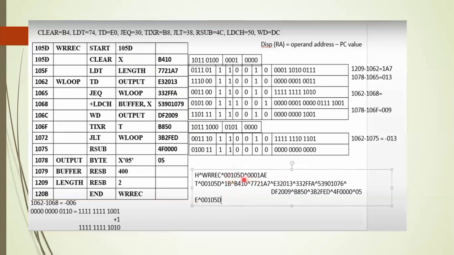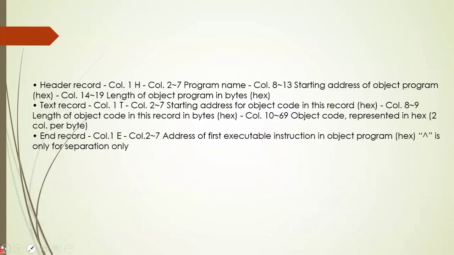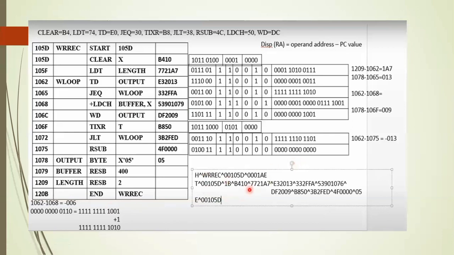Next is the length of the program. To find the length, we subtract the first address from the last address. When we do that, we get 1AE. Since we again have to represent it within 6 digits, that is columns 14 to 19, we add 3 zeros before it.